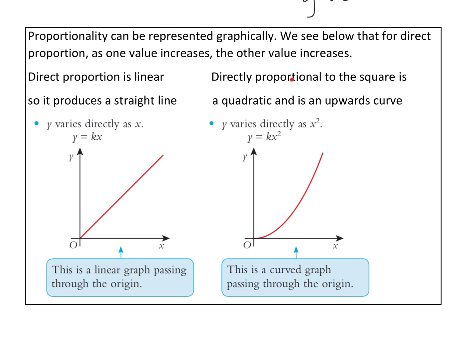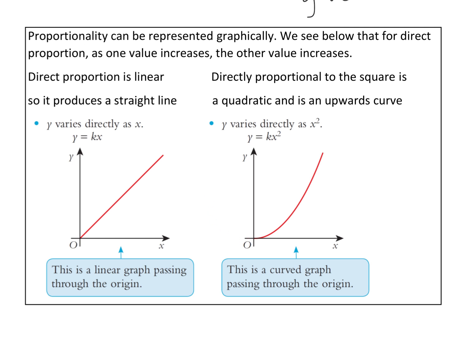If you have directly proportional to the square, that's a quadratic and is an upwards curve. So that would be y varies directly as x squared, and you get y equals x squared, and you can see that's part of a quadratic graph. You just don't look at the negative part in this question, and it's usually maybe a physical concept which didn't have a negative.